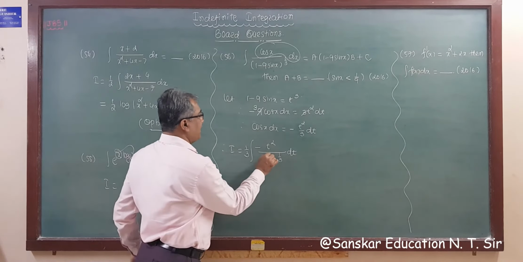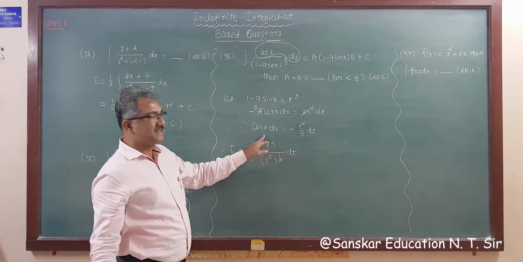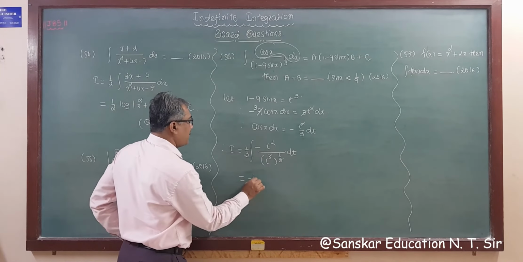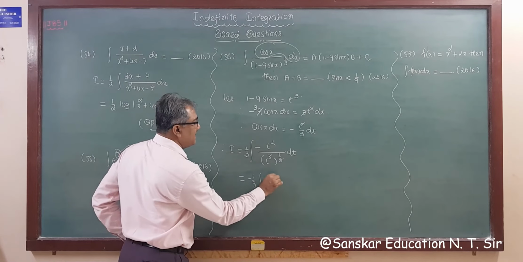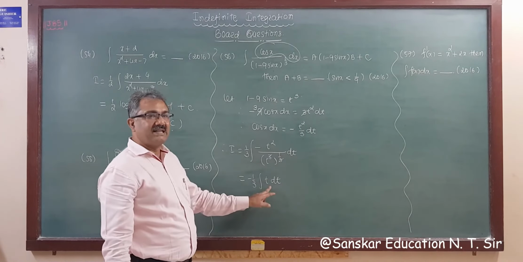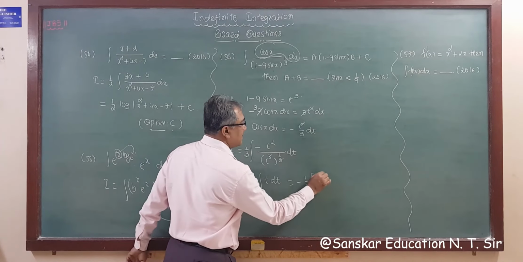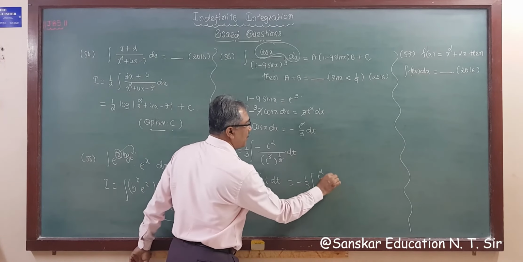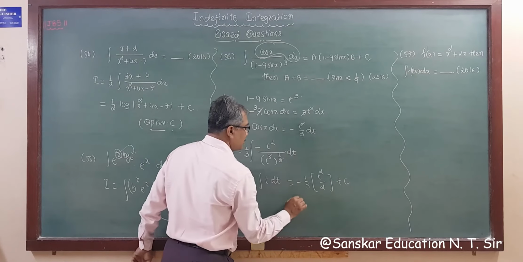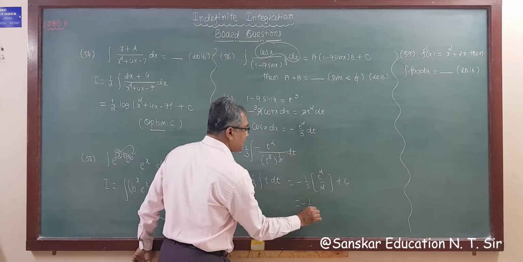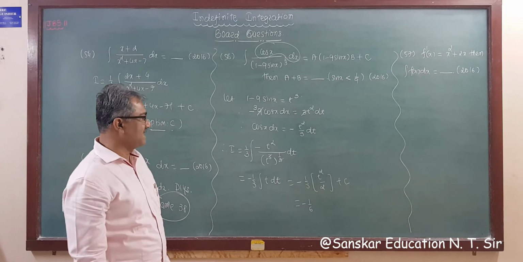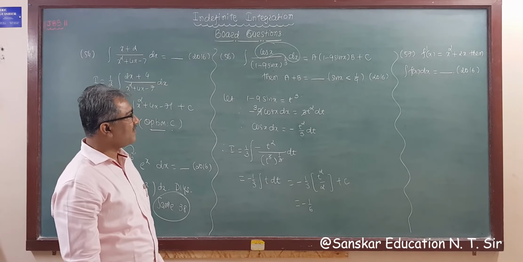So this 3 will be cut. So this is minus 1 upon 3 integration t dt, and the integration of this is minus 1 upon 3 integration is t square by 2 and plus c. So minus 1 upon 6 t square. Right?